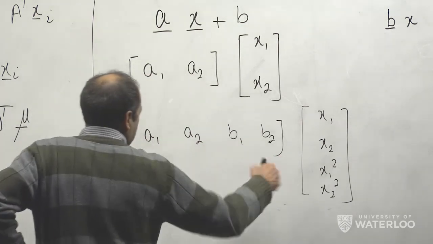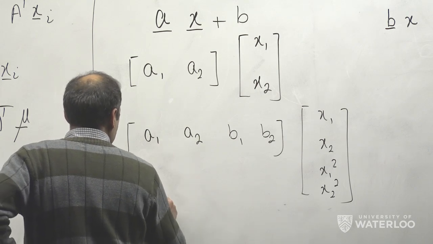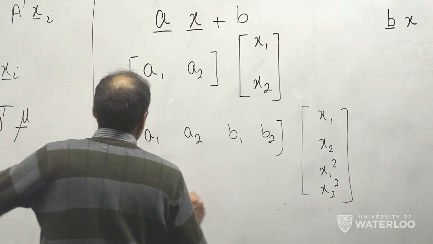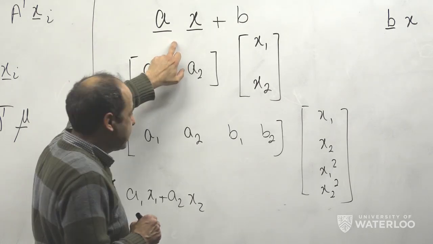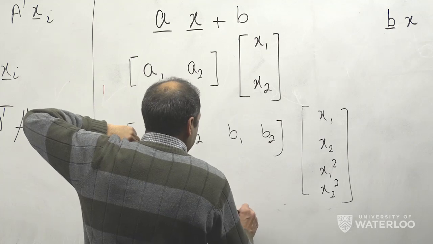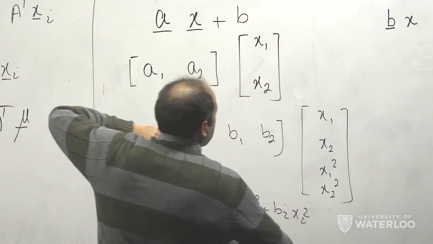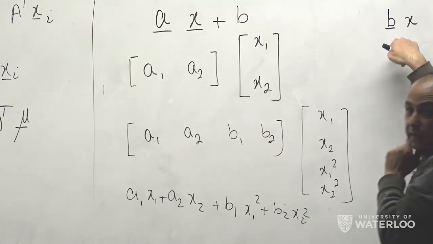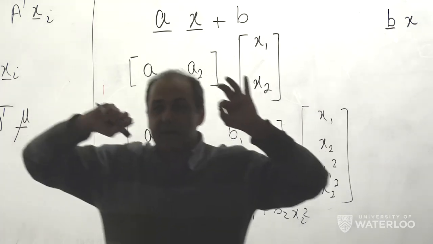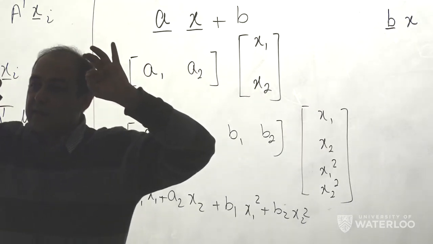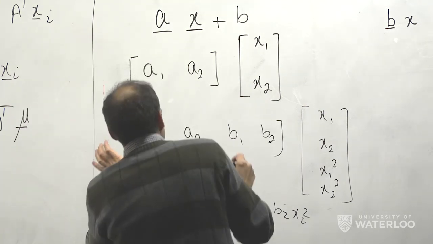So if I calculate this multiplication now, it's going to be a1 x1 plus a2 x2, that's the term that I had here, a^T x, plus b1 x1 squared plus b2 x2 squared, as if I have added a term to a^T x such that it's a quadratic term, b x squared. Still, it's linear.